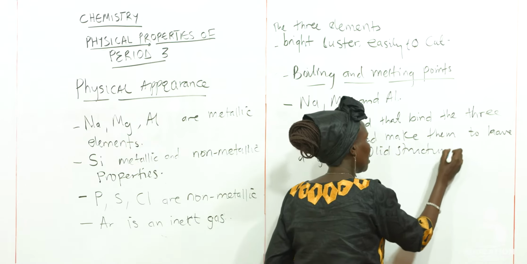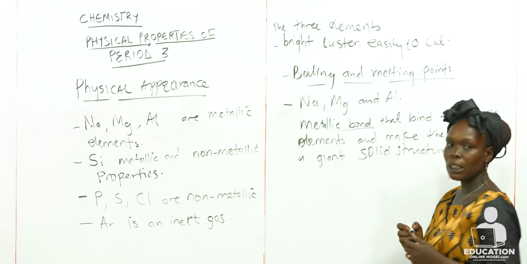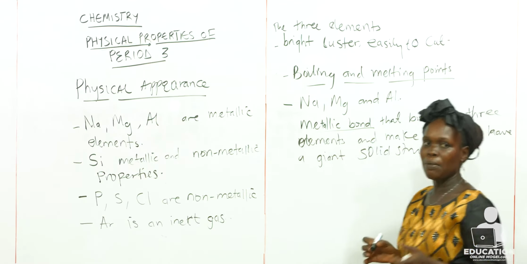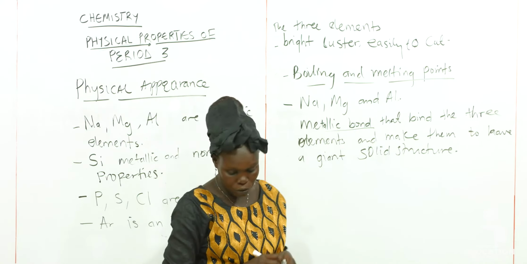The most important thing is the metallic bond that binds these elements together to give them the giant structure.